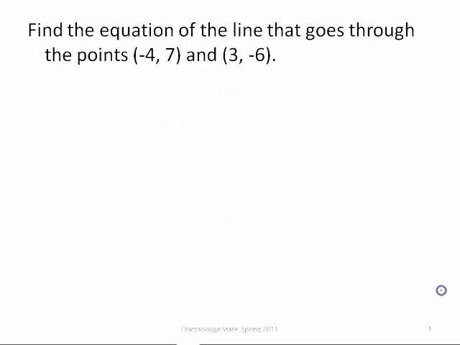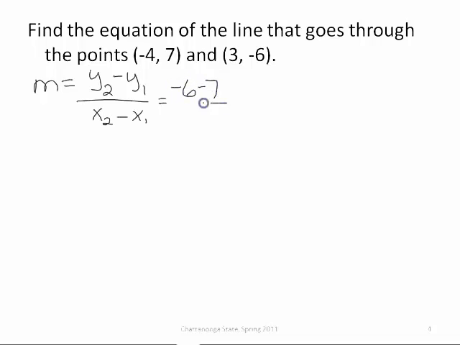Now I'm going to use the same points and do it using the slope-intercept equation. My first step will still be to find my slope. So I subtract the y's on top and subtract the x's on bottom. So I'm still going to have negative 6 minus 7 over 3 minus negative 4. So negative 13 over 7 is still my slope.